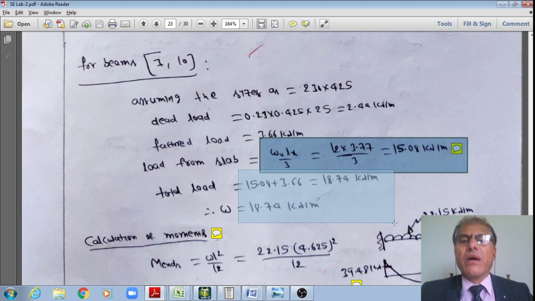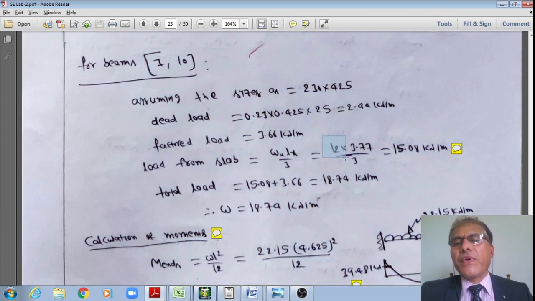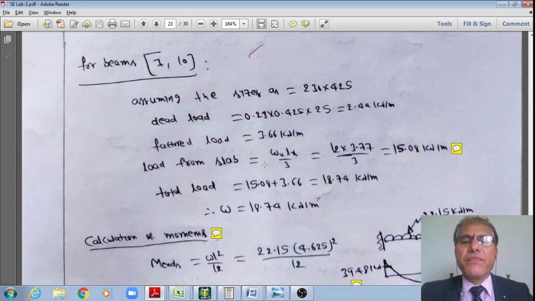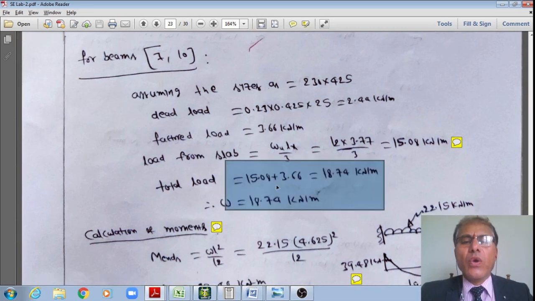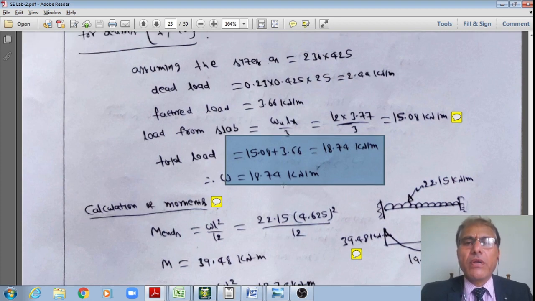No, sorry, Wu is the factored load onto the slab, that is equal to 12 multiplied by 3.77, now divided by 3, which gives 15.08 kilonewton per meter. Therefore, that plus 3.66, now I am getting that the total load is equal to 18.74 kilonewton per meter.